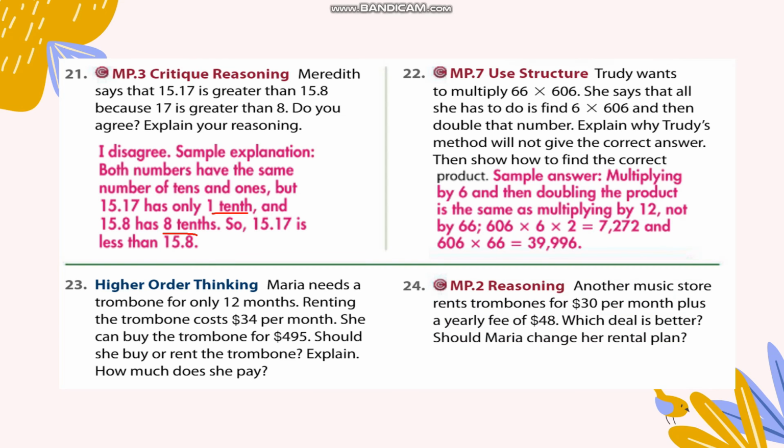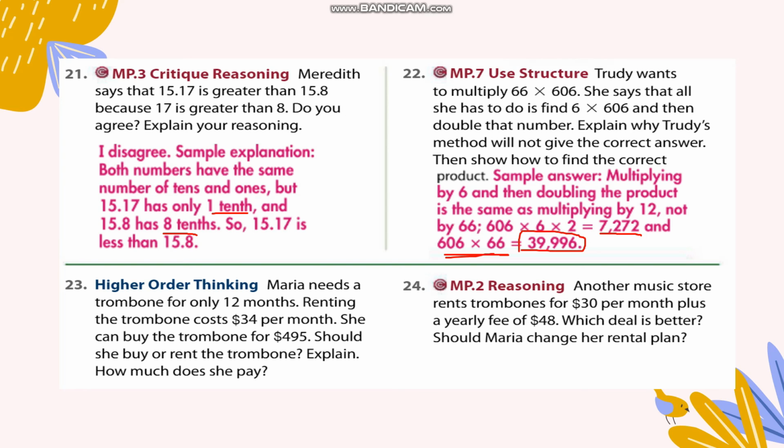So 606 multiplied by 6 multiplied by 2, the final product is 7,272 if we're going to double it. But 606 multiplied by 66, the answer must be 39,996.